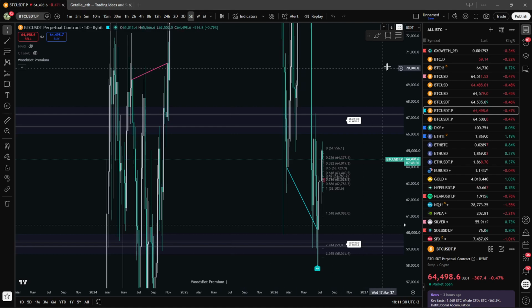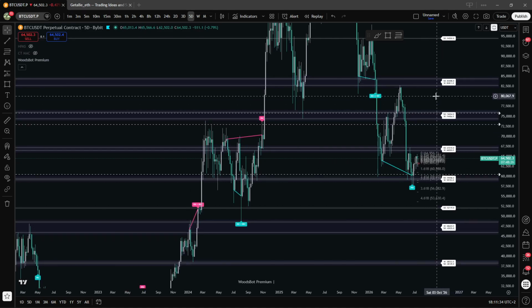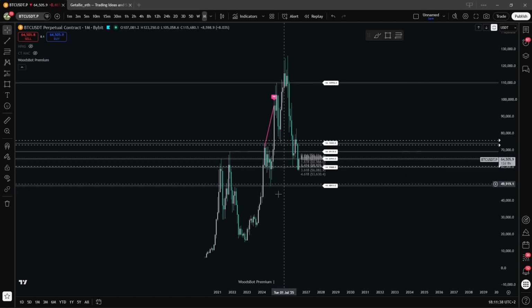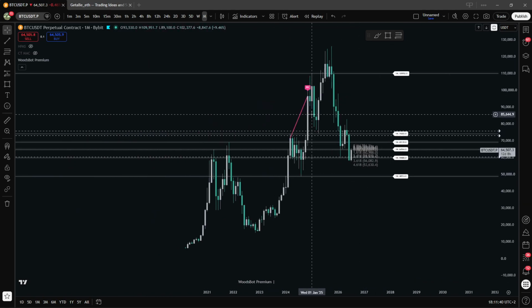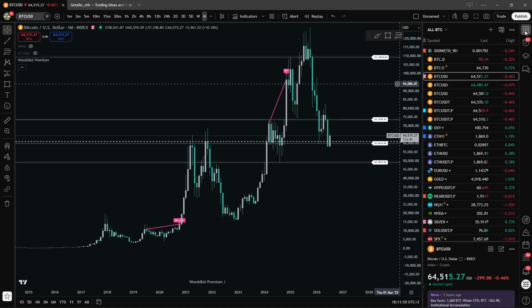Now, when it comes to macro analysis, I obviously use the monthly time frame. I think the monthly time frame is probably the biggest time frame you should be using in crypto, because crypto is still young in comparison to stocks, right?